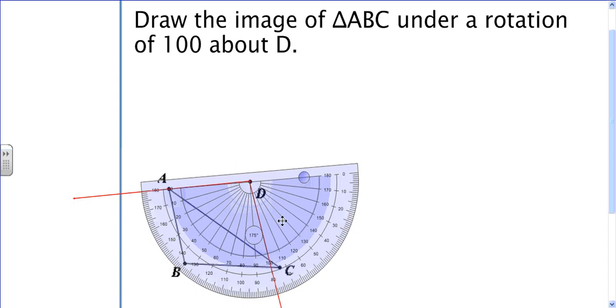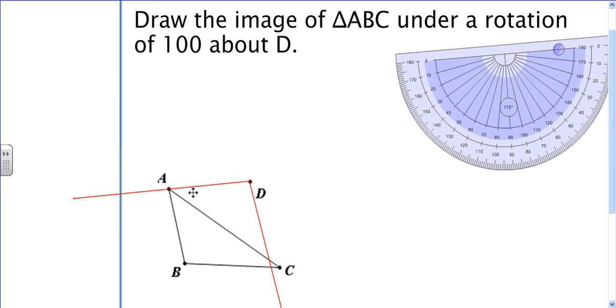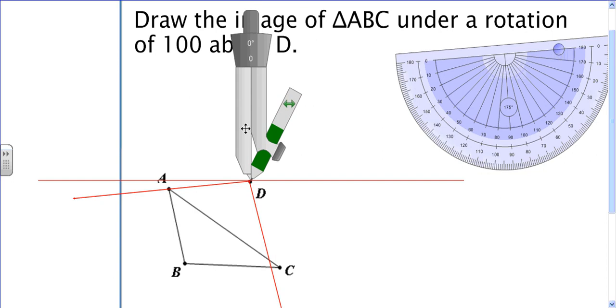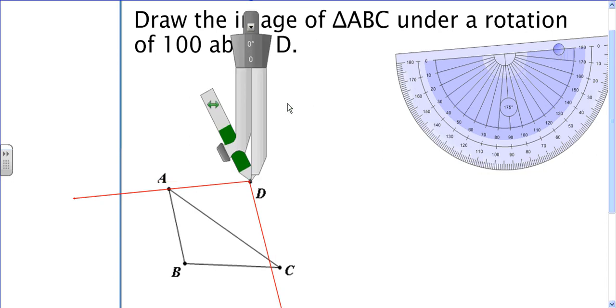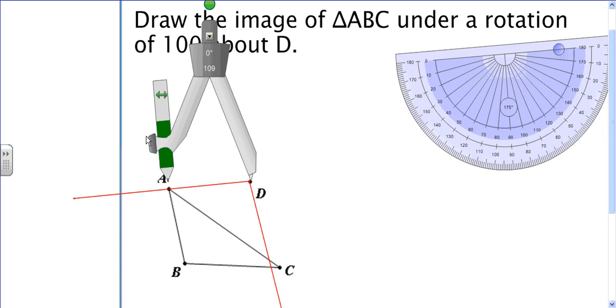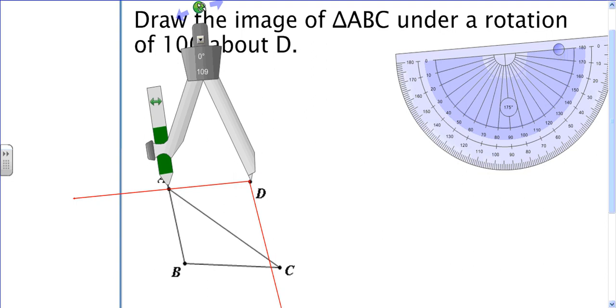Okay, I'm going to move my protractor out of the way. And then what we want to do is measure the distance that goes from D to A. So now we have to use our compass tool. So we're going to do this, flip that over there, open up my compass. There we go. Maybe rotate it a little bit down, make sure that marking is correct.